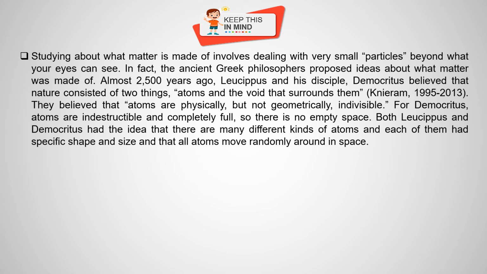For Democritus, atoms are indestructible and completely full, so there is no empty space. Both Leucippus and Democritus had the idea that there are many different kinds of atoms and each of them had a specific shape and size, and that all atoms move randomly around in space.